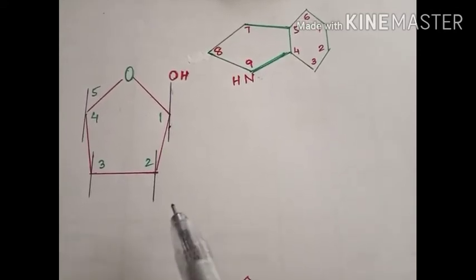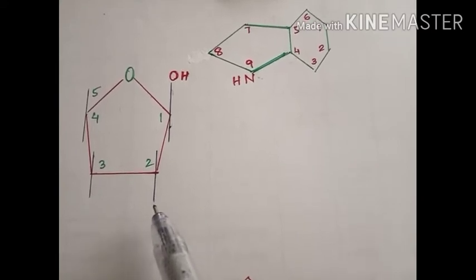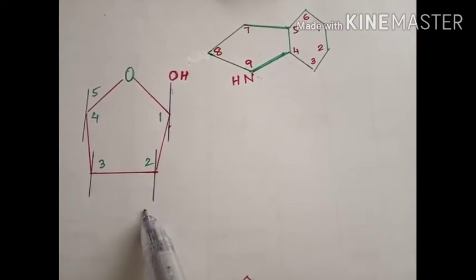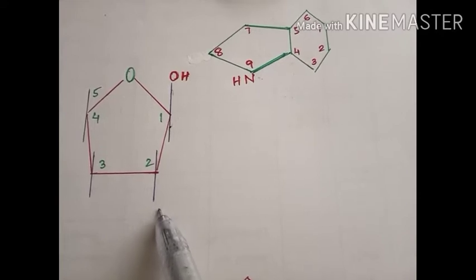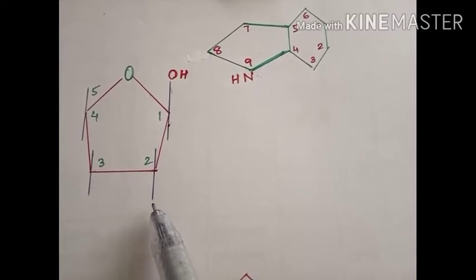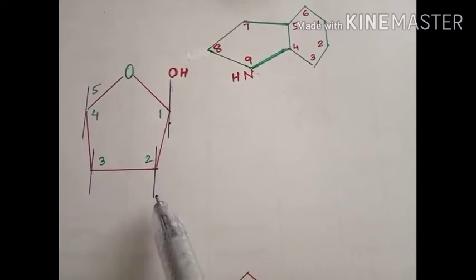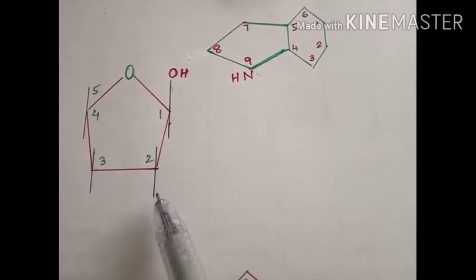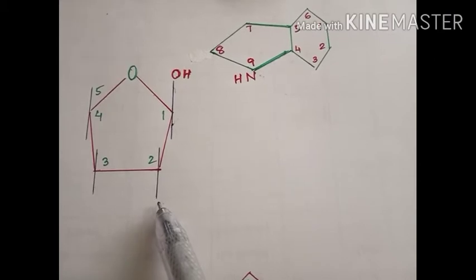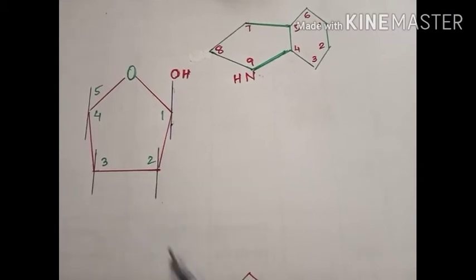In the deoxyribose type, we have discussed the OH group here would be replaced by only the hydrogen atom. Means one atom of oxygen is less in the case of deoxyribose sugar at 2' position.